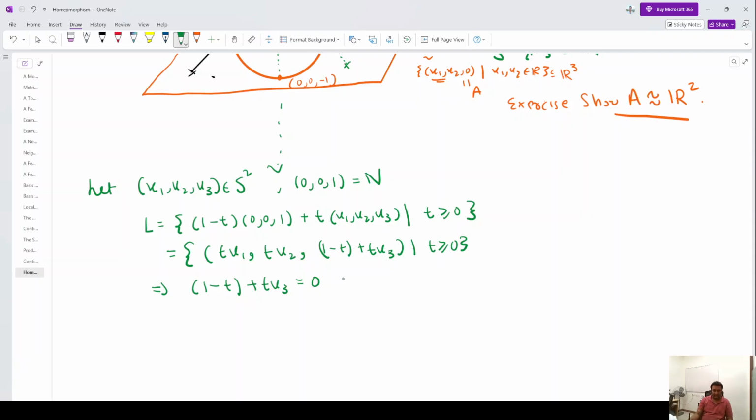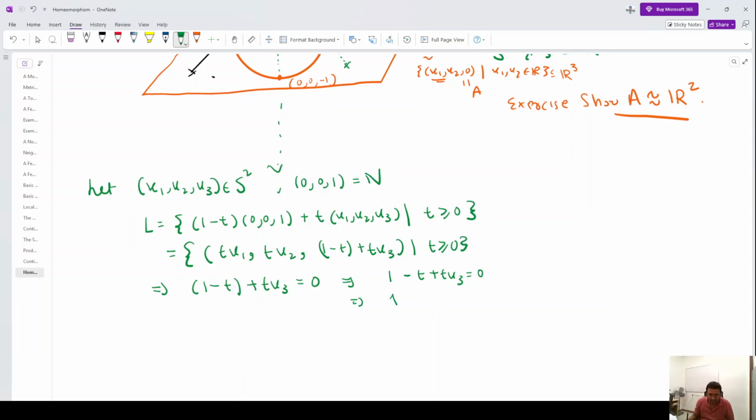So if you solve this for t, what will you get? 1 minus t plus t x3 equals 0. I'm bad at calculations.